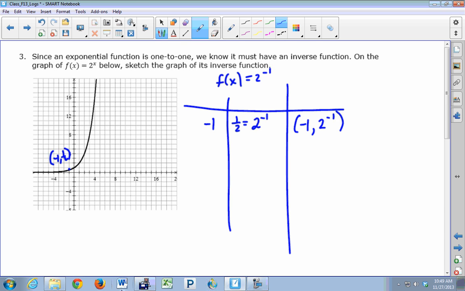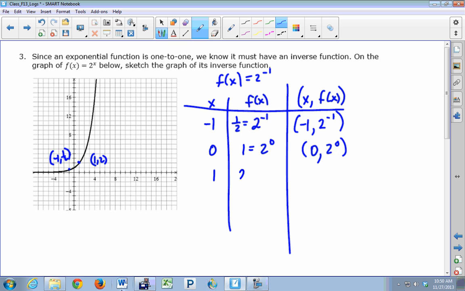Okay, and we know at 0, we go through y equals 1, and that's the same as 2 to the 0 power. So we've got (0, 2 to the 0) for our point. So here's our x and our f of x value. At 1, we know that's another key point because it tells us the value of our base.